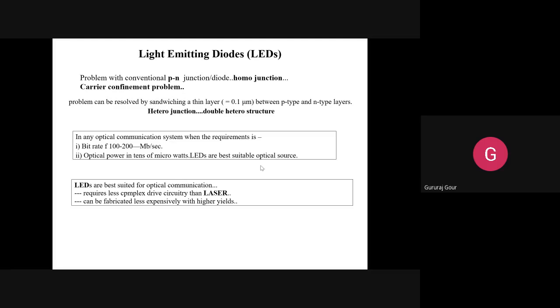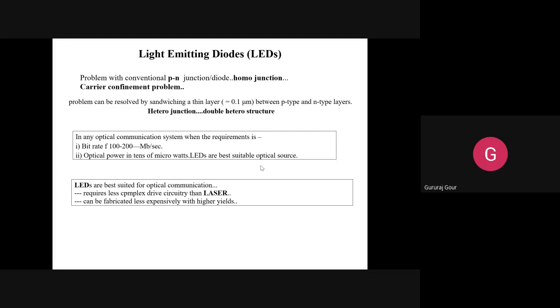That is one reason: complexity is reduced, circuitry is compact, and it can be fabricated easily with less money. The carrier confinement problem can be reduced to some extent by using heterojunctions. We will explore different types of heterojunction based LEDs in more detail later.